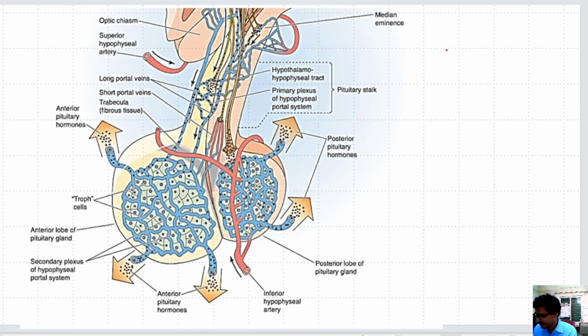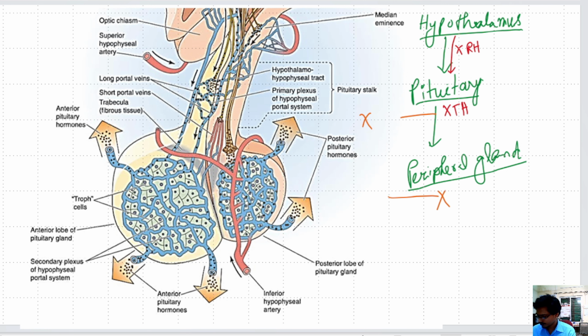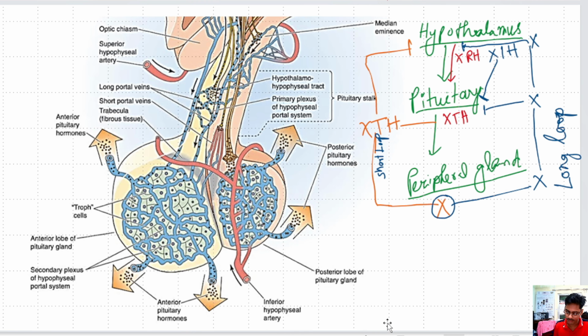This is the hypothalamus in the top position, and on the peripheral gland and pituitary and hypothalamus relation, we have already discussed the short loop and long loop of that sequence.